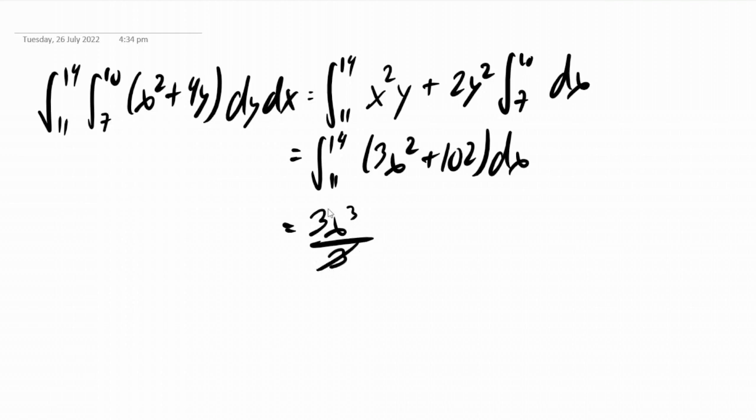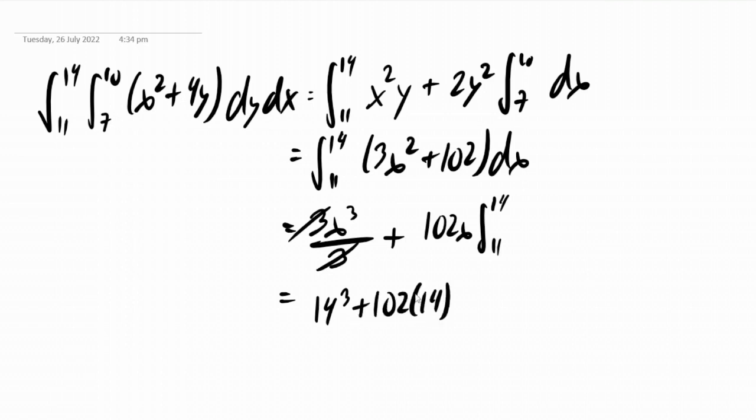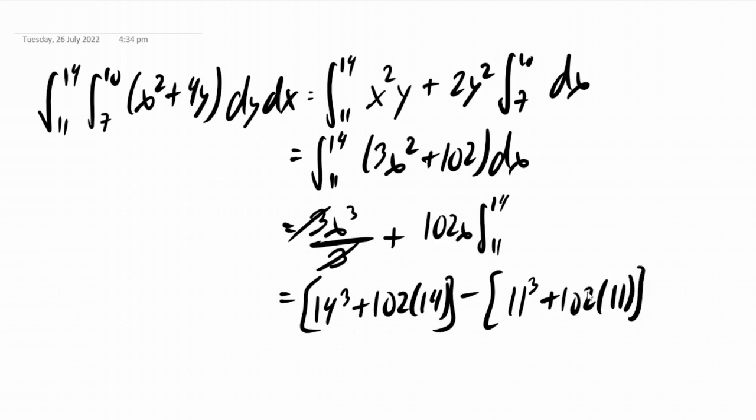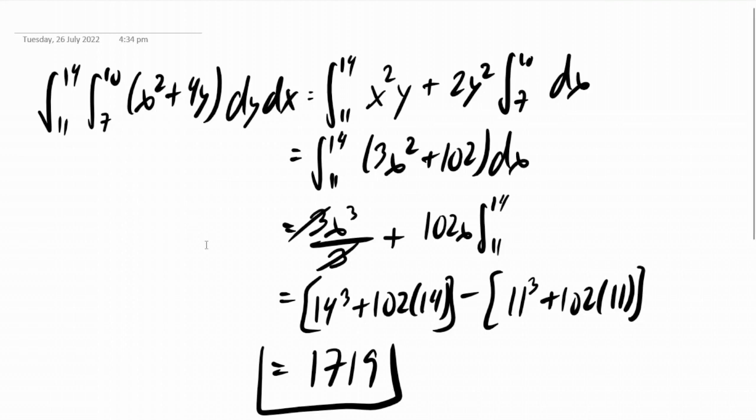If you cancel out 3 and 3, that is just x cubed plus 102x with limits from 11 to 14. Substitute 14 and 11, that is 14 cubed plus 102 times 14 minus 11 cubed plus 102 times 11, and our final answer here is 1719. And that is our final answer.